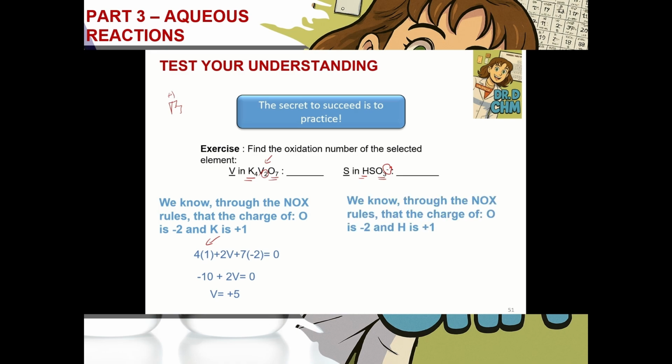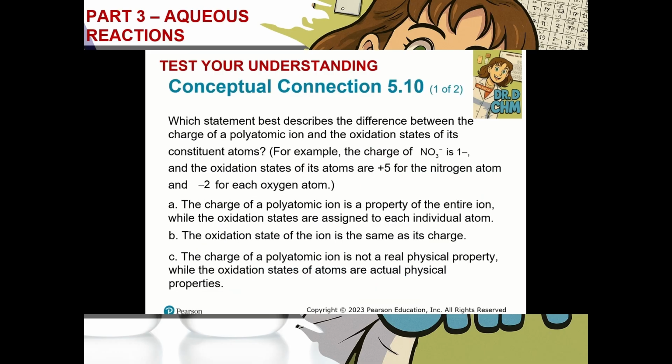The other one here, we know from the rules that we have -2 for oxygen, +1 for hydrogen. So do the same thing. We draw an equation, and you're going to find the sulfur, +4. Okay? Pretty easy. Let's keep going.